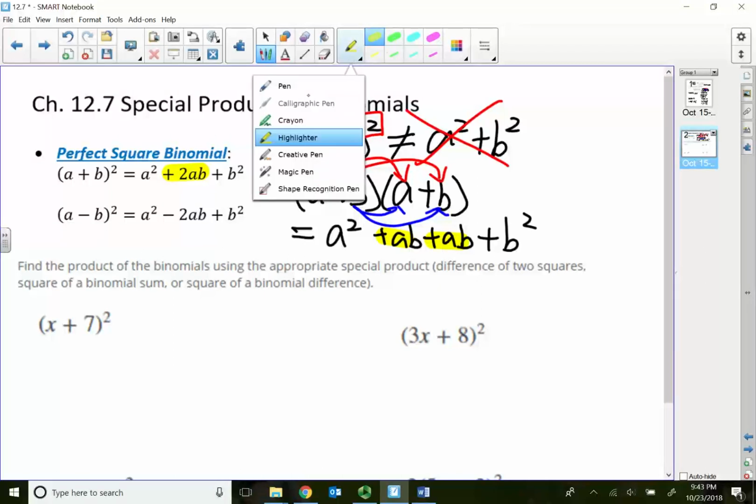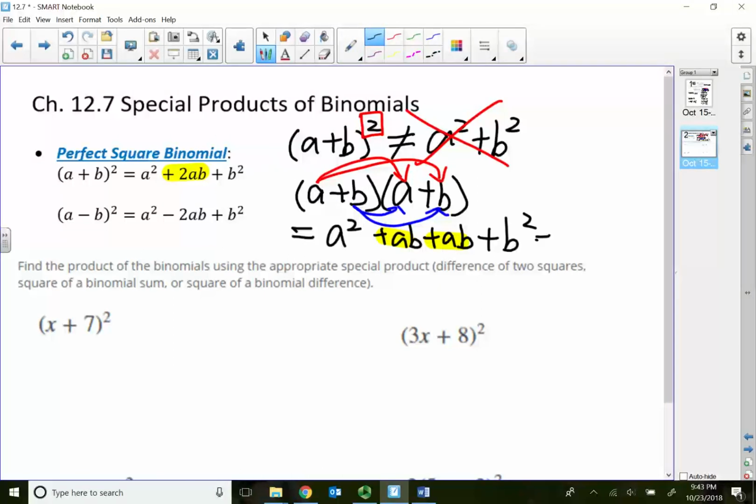So that's the reason why, for a problem like this, the answer will always be your a whole thing squared, plus take a number 2, because I've got two of the same term, times your a times your b, plus your b whole thing squared. It will always look like this.